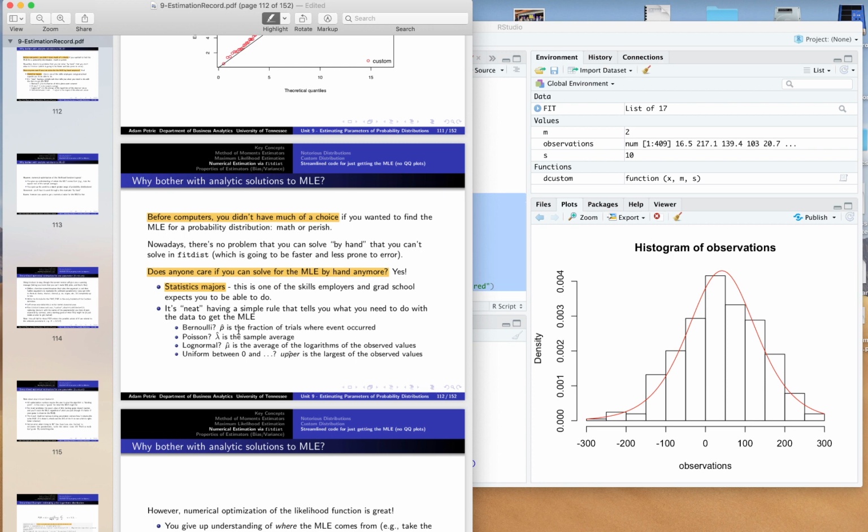But I think the only real advantage of being able to do this procedure by hand, of coming up with exactly what you measure from the data, that nice simple rule for what you have to calculate, is that it's kind of neat. It adds a little insight into the problem. If we're dealing with a Poisson distribution, it's nice to know that if you want to know what lambda is, just estimate x bar.